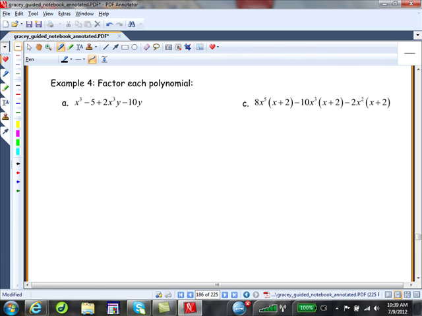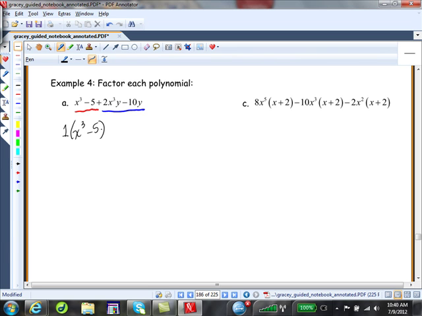So here we go. Let's try it as it is. We might need to rearrange terms, but we can try it out as it's written. So if you notice in the red group, the only thing we can do is factor out, I guess, a 1, and then we have x cubed minus 5 left over.